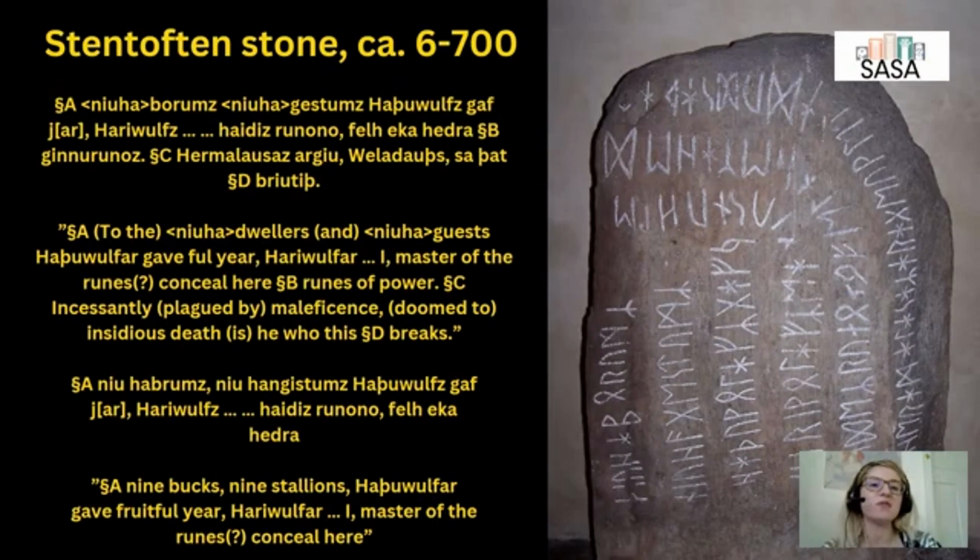But this is very speculative. We do have reference to that from later sources, but transferring it to older sources is quite problematic. So this remains a little bit speculative.